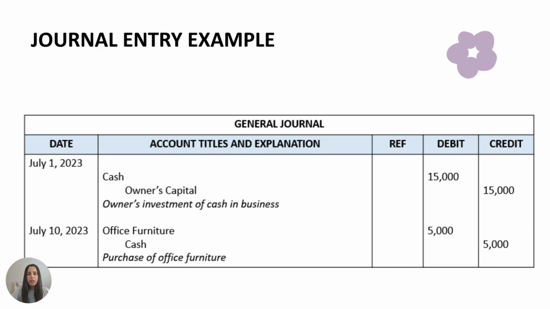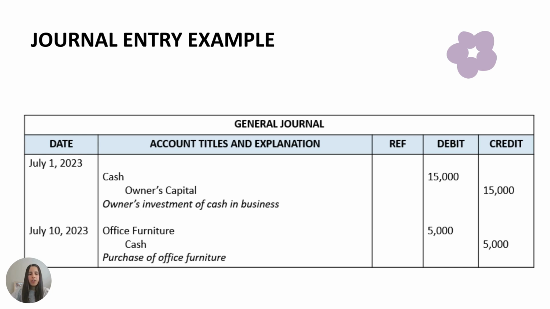Cash is increased on the debit side because it's an asset account, and all increases to assets go on the debit side. Owner's capital is part of owner's equity, and that is increased on the credit side. So the credit is going to show an amount of 15,000 because owner's capital is being increased. And don't forget the date is also entered.